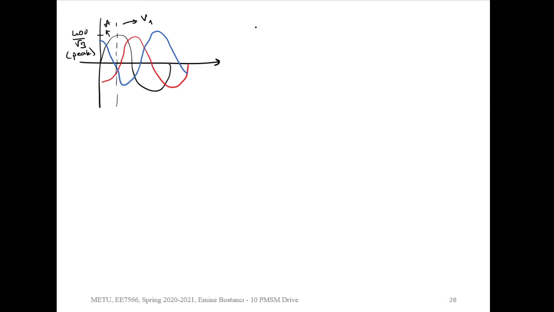What we know is the turn-on time of V1. If we turn on V1 for a period of TS, then we would get at the output 2 over 3 VDC. However, at the output, we want to get only VDC over square root of 3.